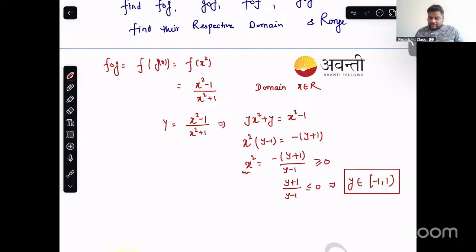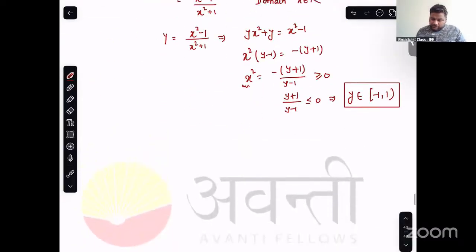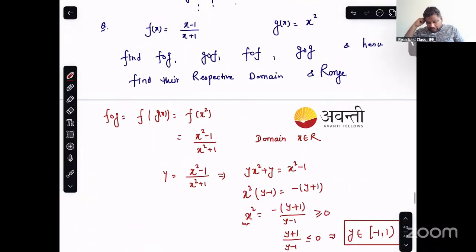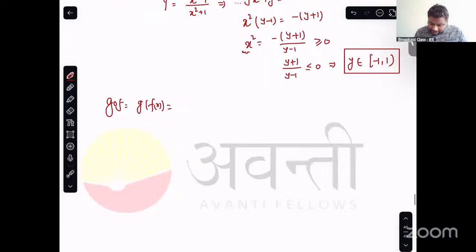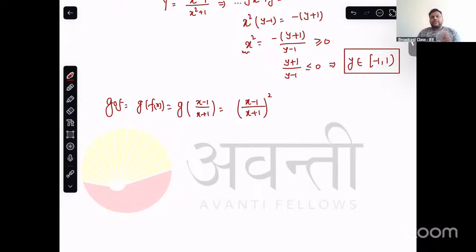Clear? Now let's do GOF. GOF is g of f of x. That is g of x minus 1 upon x plus 1. That is x minus 1 upon x plus 1 whole square. Simple.